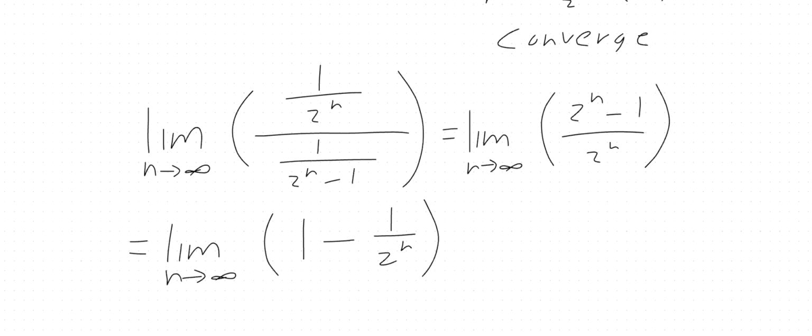Then, since our n is going to infinity, 1/2 to the n is going to go to 0, so our whole thing is going to equal 1. Now 1 is greater than 0, and 1 is finite.